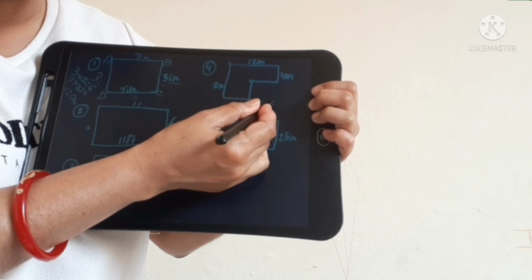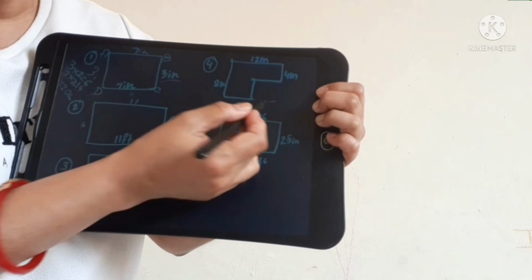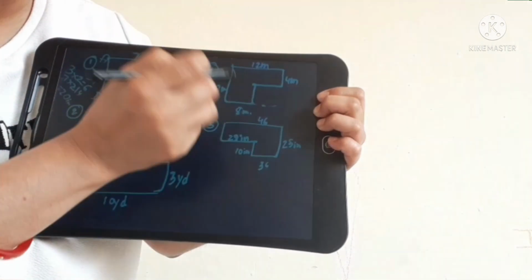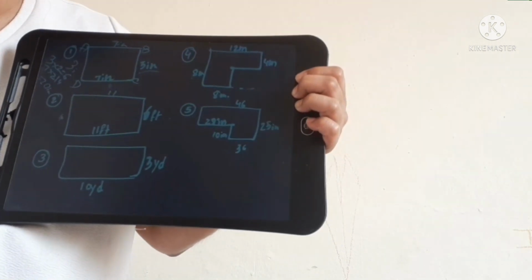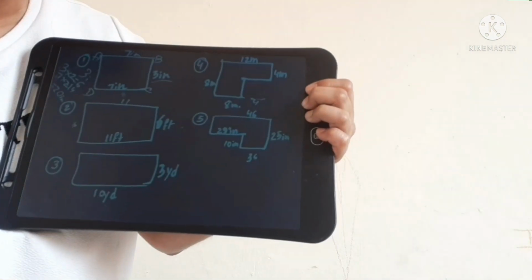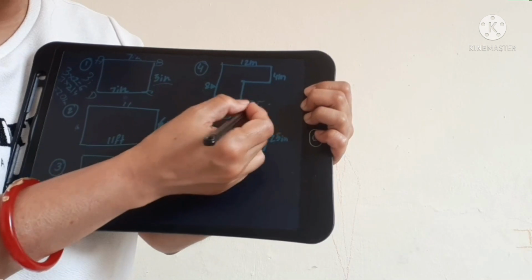I don't know this portion. So I can draw one imaginary line here to make it easy for us to calculate. This is 12 and this is 8. So 12 minus 8, what will be the answer? 4, right? So this imaginary line should be 4 meter.